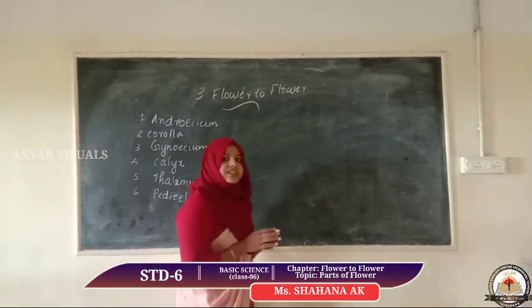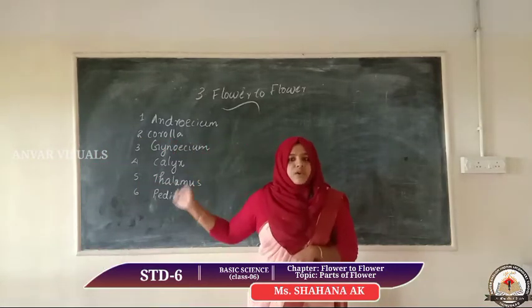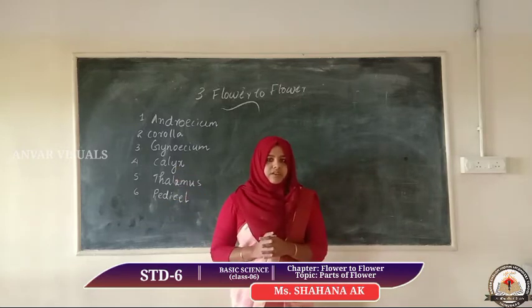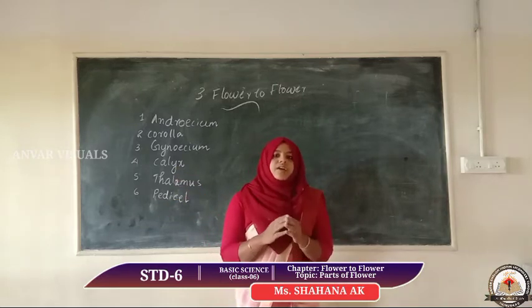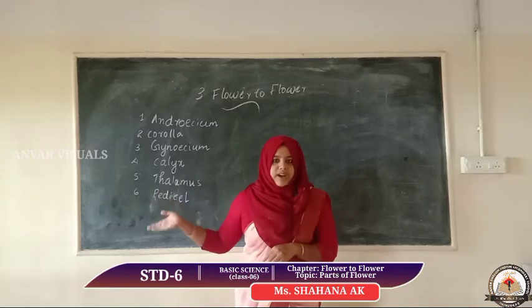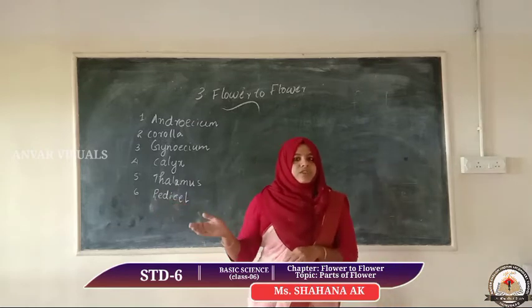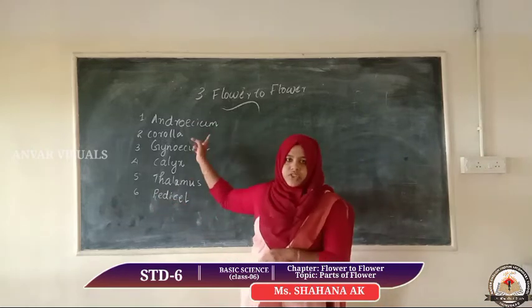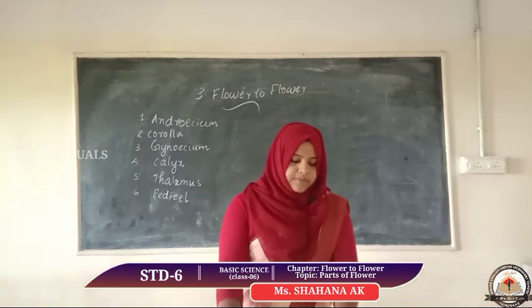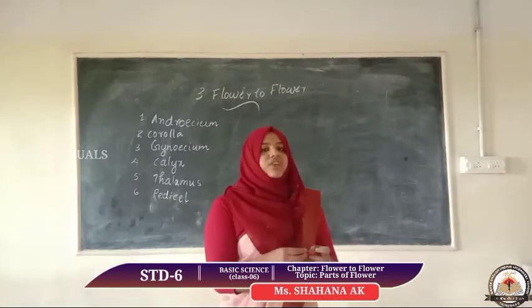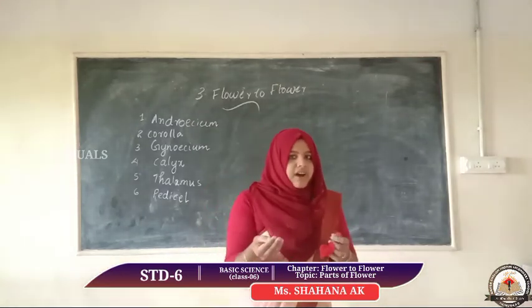Then we have to study about the functions of these different parts in a flower. For what purpose does a flower have this many parts? Okay, so first of all we are starting with androecium. Actually, androecium consists of some other parts.